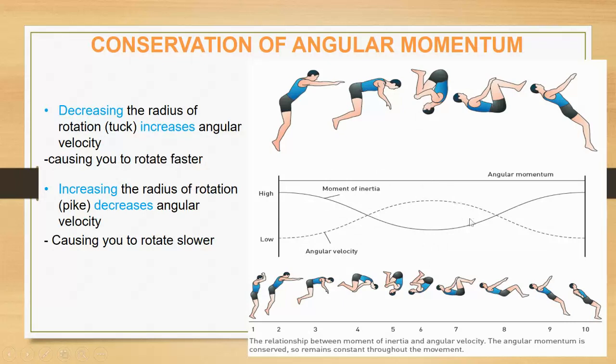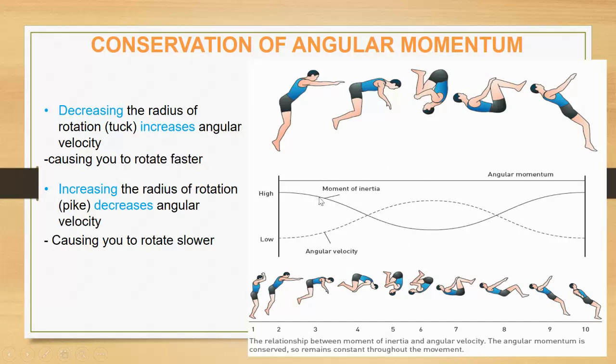And this would be the case until they start to increase their body shape, which is increasing their radius of rotation, I mean their radius from the axis, and makes their moment of inertia high again, which in doing so decreases the angular velocity. I think what we need to point out as well is that while this is happening, the overall angular momentum is exactly the same.